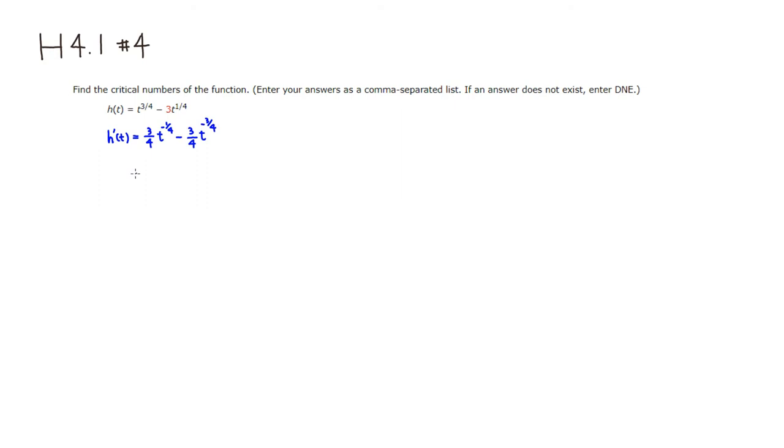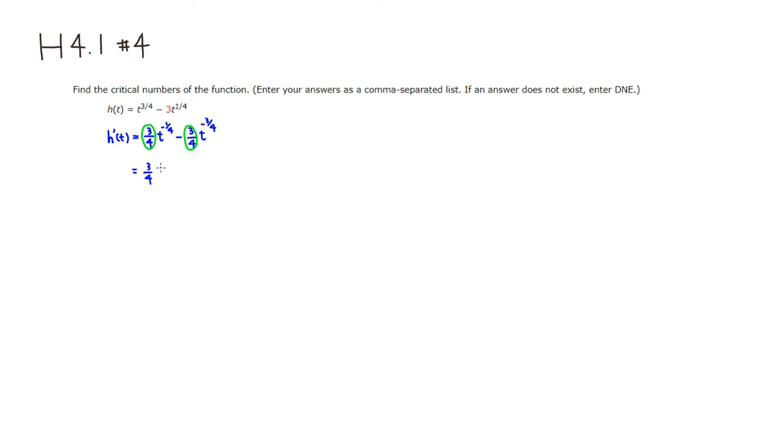Then I'm going to pull out the common factor. So I'm going to pull out the 3/4, that's in common here. And another thing I'm going to pull out is the t to the negative 3/4.